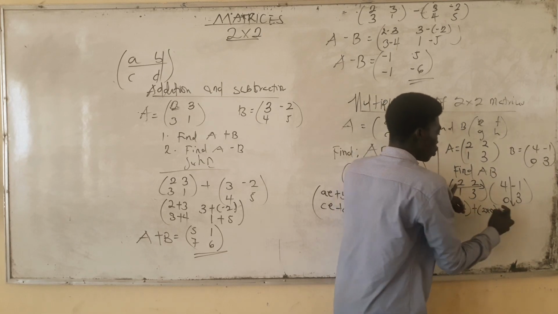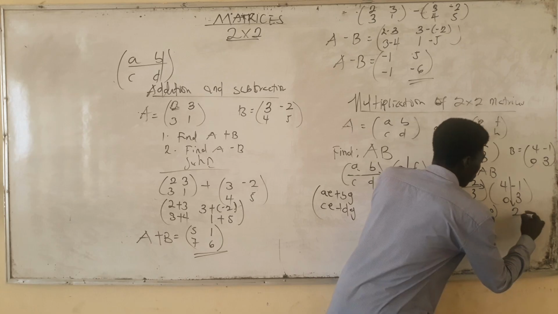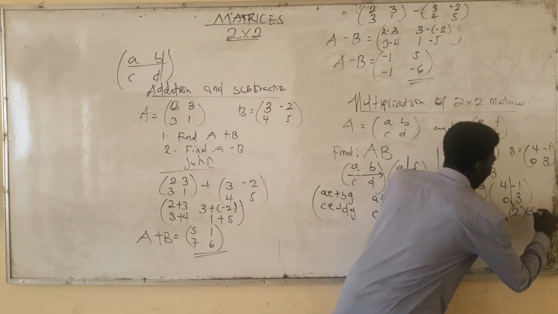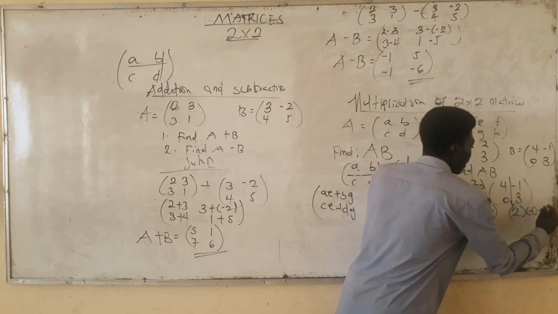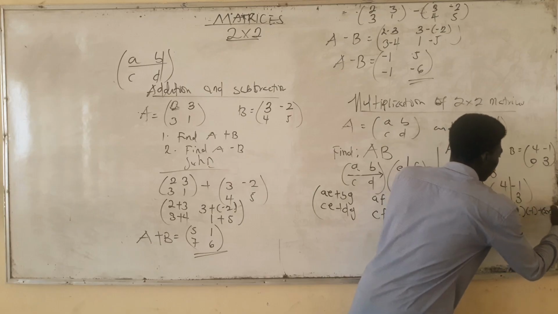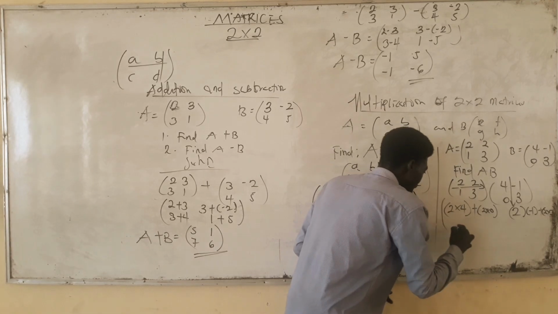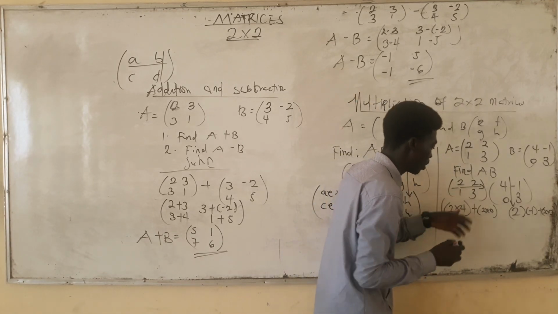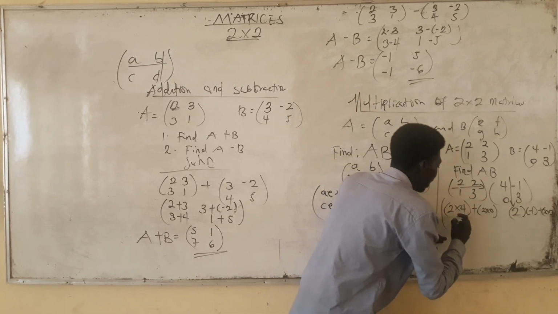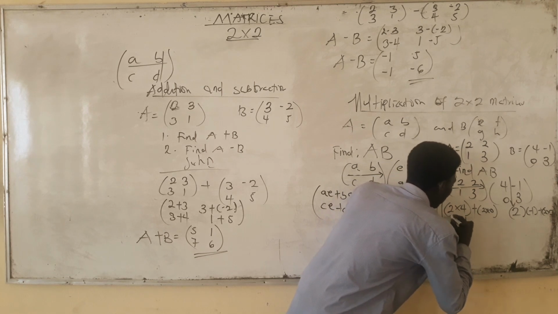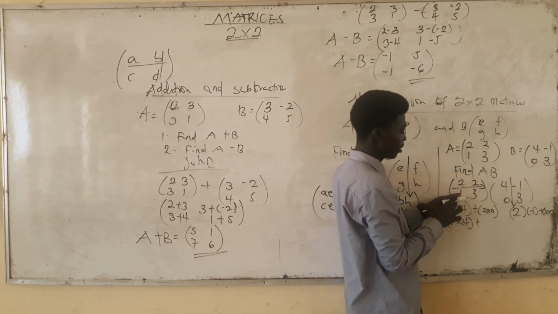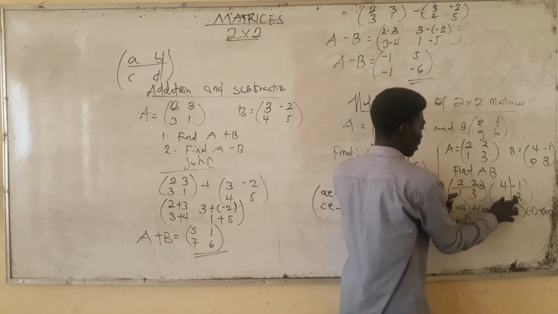And the second one, 2 multiplied by negative 1 plus 2 multiplying 3. And now this one here: 1 multiplying 4 plus 3 multiplying 0.